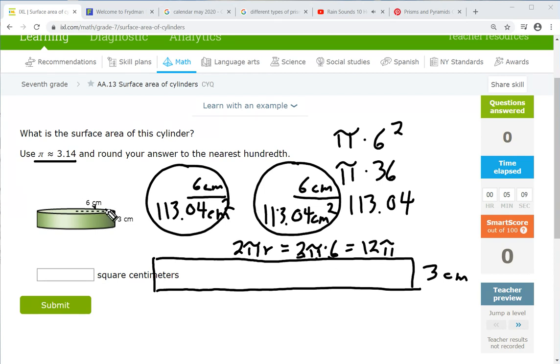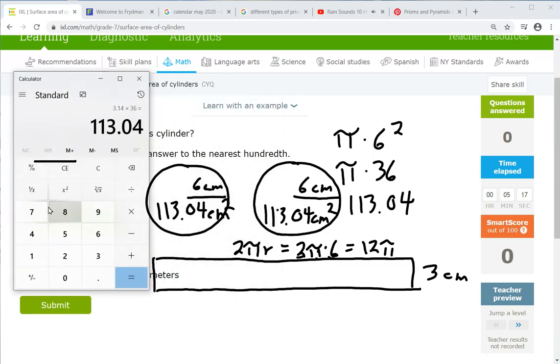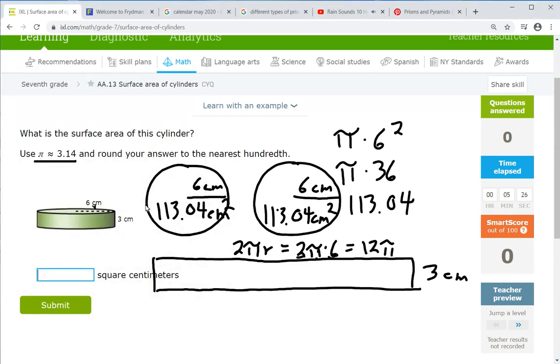And now again, we'll just go ahead and use the calculator to do 12 times pi. We're going to use 3.14 for pi. So 12 times 3.14 is 37.68 centimeters.